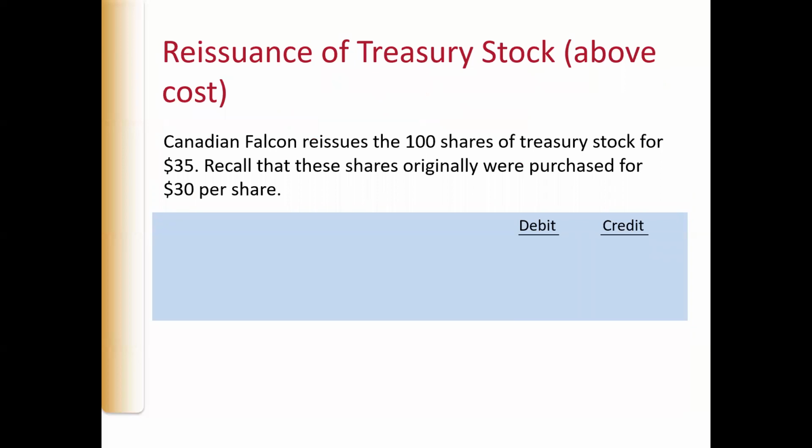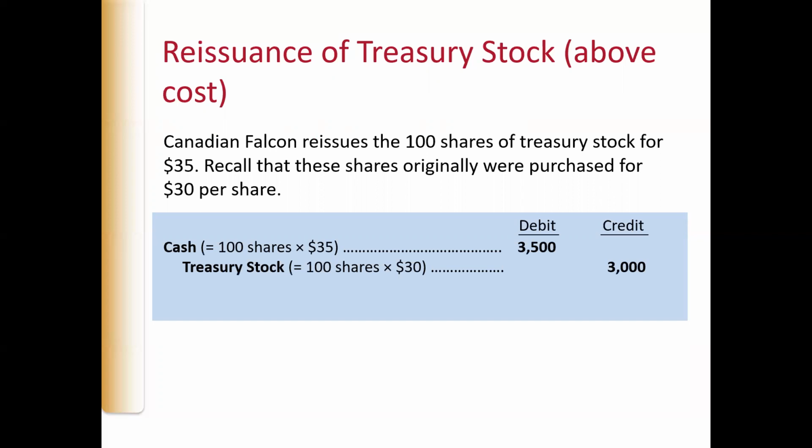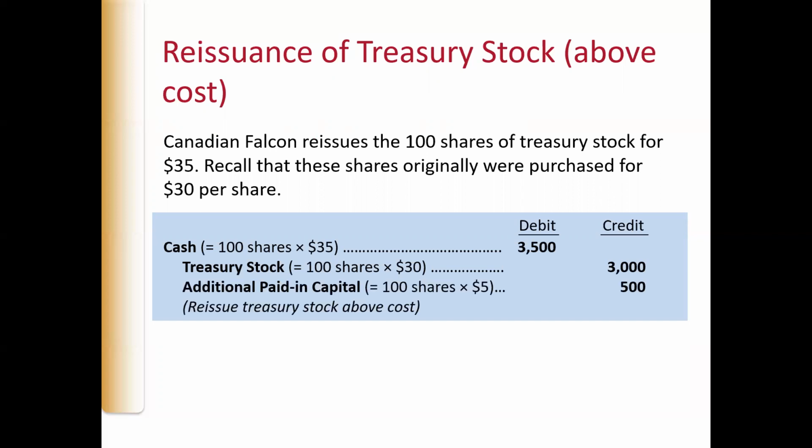So once we purchased treasury stock, let's say we reissue it. If we reissue treasury stock for higher than what we purchased it for, we purchased it for 30, but let's say in this example, we reissue it for 35. Then in that case, we're going to debit our cash.